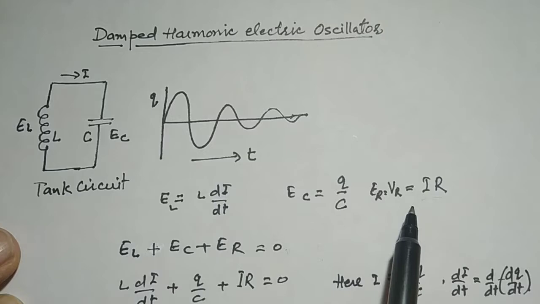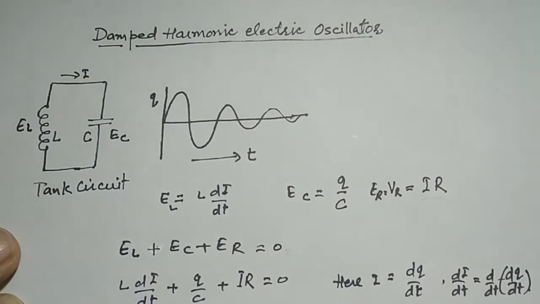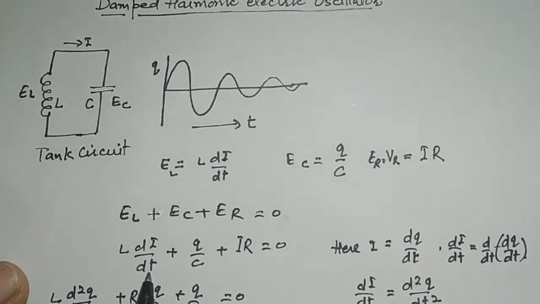Now applying Kirchhoff's law, we can write the sum of all the potentials: EL plus EC plus ER equal to 0. Here it is 0 because there is no source of EMF in the circuit. So let us put the values of EL, EC and ER from these terms. We get this equation: L di by dt plus Q by C plus IR equal to 0.